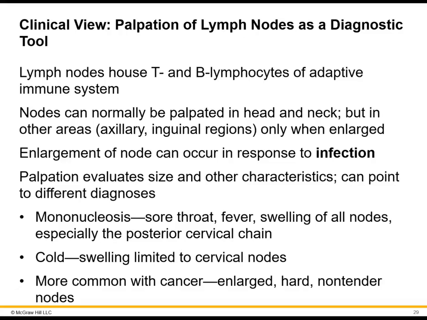More common with cancer, you will see enlarged, hard to the touch, non-tender nodes. With infections, the nodes are enlarged, but they tend to feel fluctuant or a little bit rubbery, sometimes even a little cyst-like, and they tend to be tender.